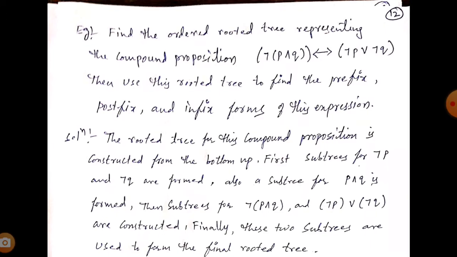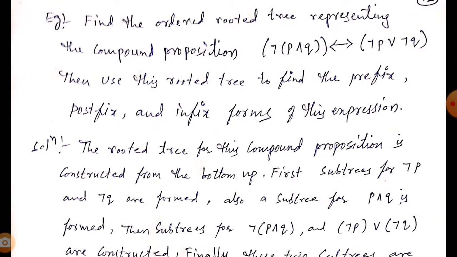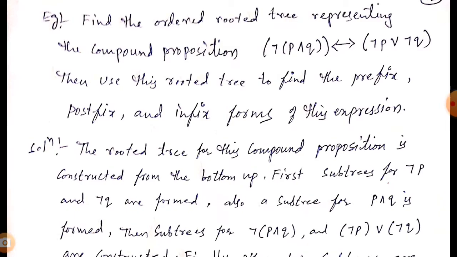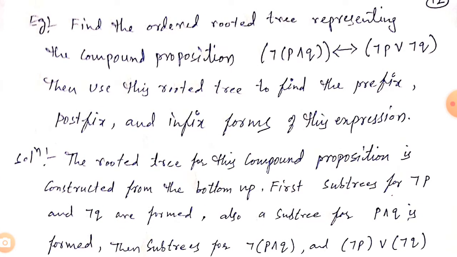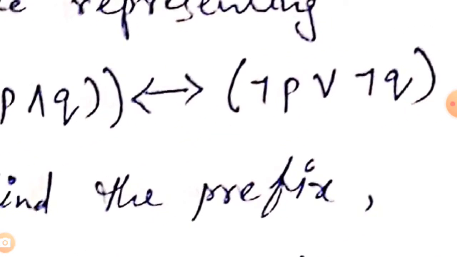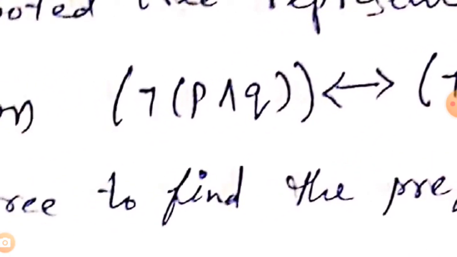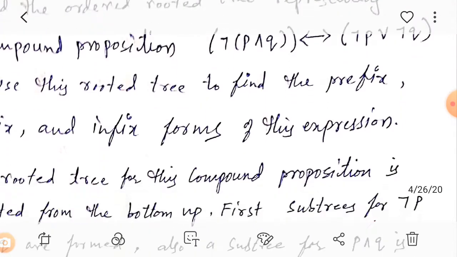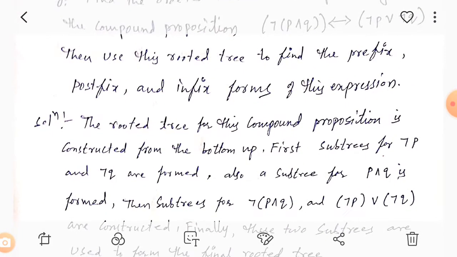Now what is P and Q? You can observe here how we have to look into the expression. If you look into the expression, negation P, negation Q, you have to form these two. Then again P and Q you have to form. So that is the major thing here.